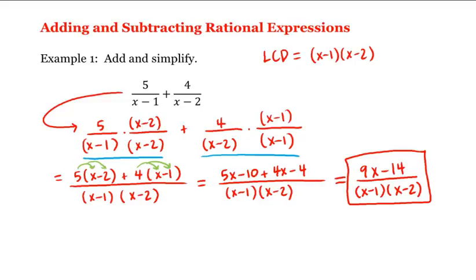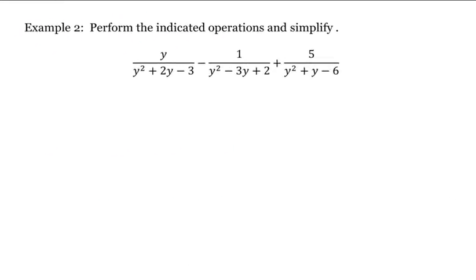All right, let's see another one. Again, we notice that these denominators are all different, which means we need to find the LCD in order to combine the numerators. But what we'll need to do first is factor the denominators to see what that LCD is.